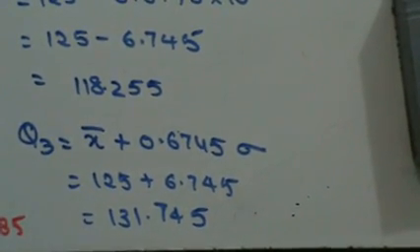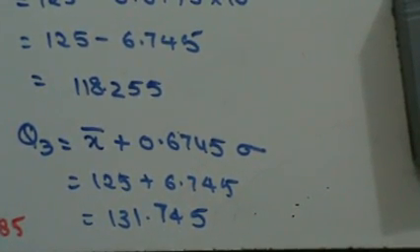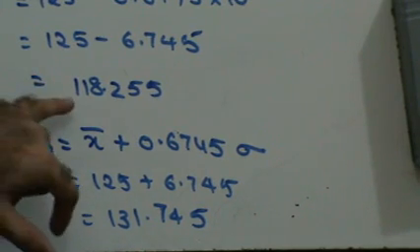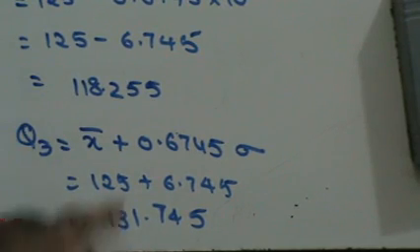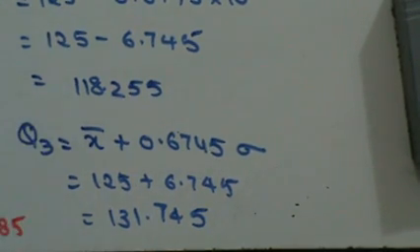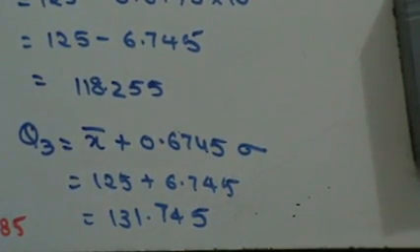So they've asked you what is the IQ of the middle 50% of the applicants? The IQ of the middle 50% of the applicants is between 118.255 to 131.745. Fine, do we get this thing clear? I think I've covered all the different kinds of sums that you have in this. Right? We will stop here for the day. Thank you very much.